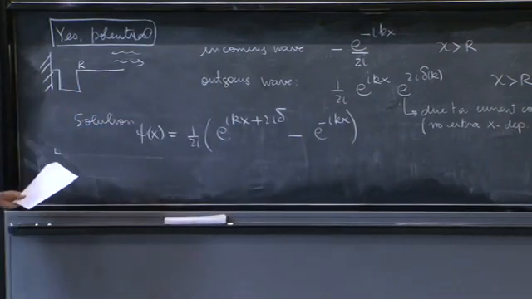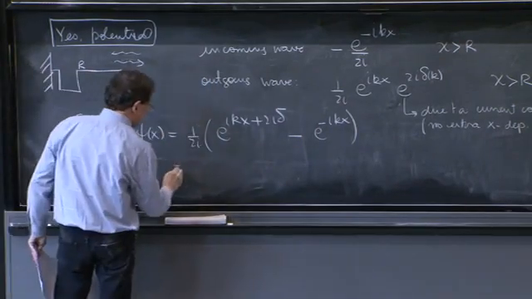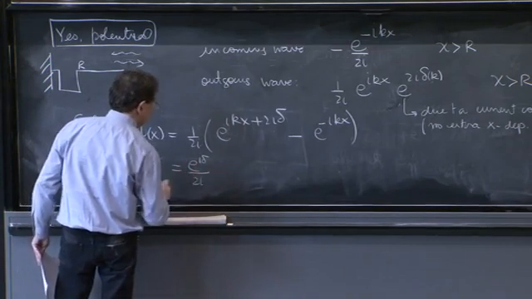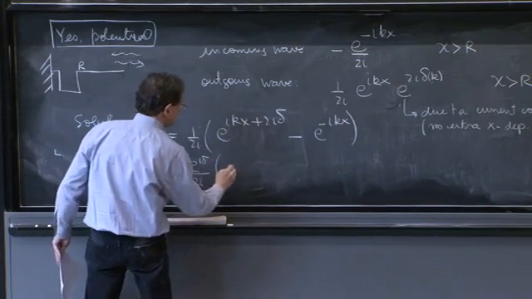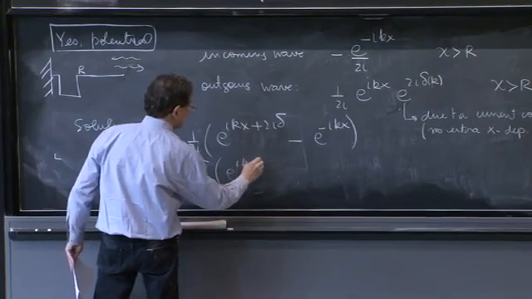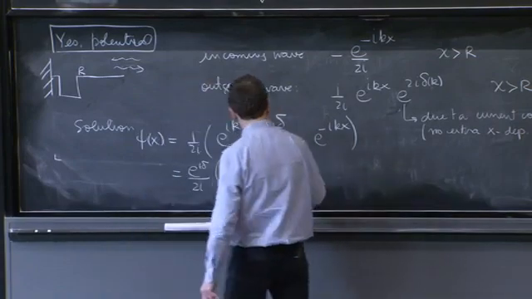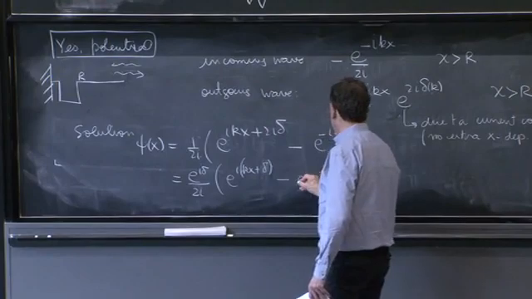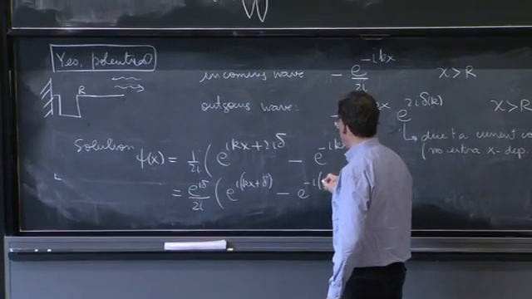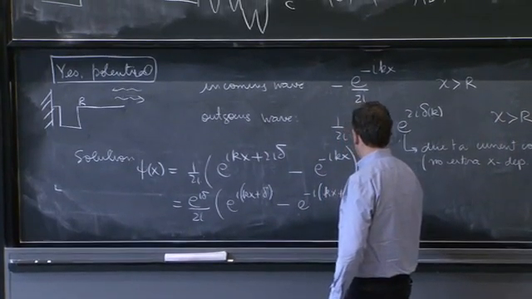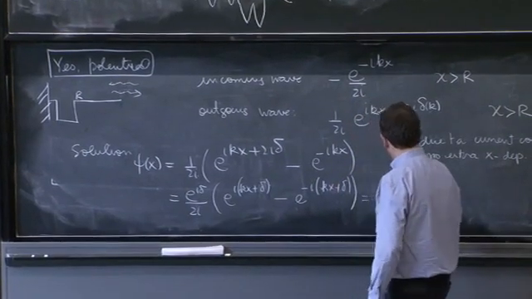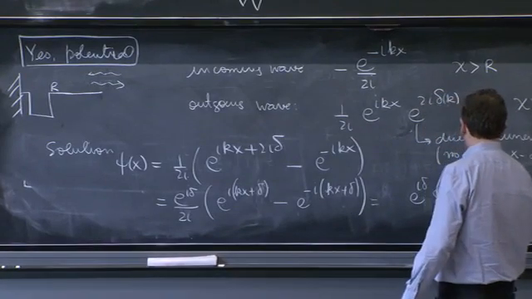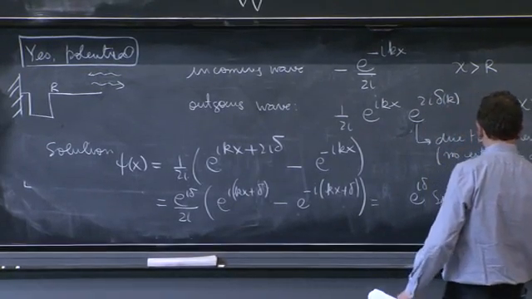It's convenient to pull out i delta to make the two terms have opposite arguments. So e to the i kx plus delta, parentheses, minus e to the minus i kx plus delta. So this is e to the i delta times sine of kx plus delta.